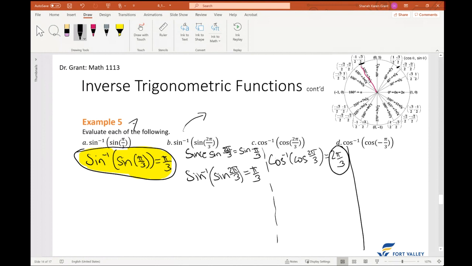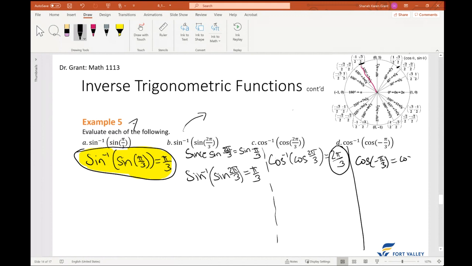All right, now let's see, negative pi over 3 is not between 0 and pi, right? So let's see, since cosine is an even function though, cosine of negative pi over 3, we've talked about even functions.